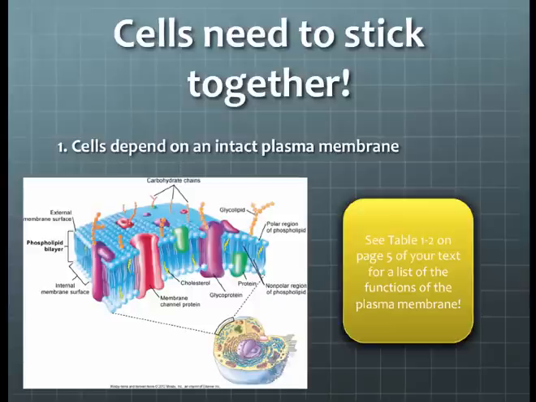So it elicits the immune response, and that is how your body can get rid of bacteria. So again, these plasma proteins are really vitally important to the cell because they keep the cell from being destroyed. Okay.